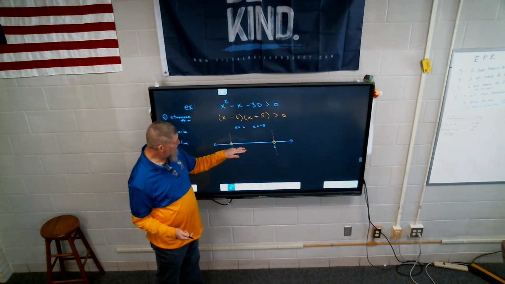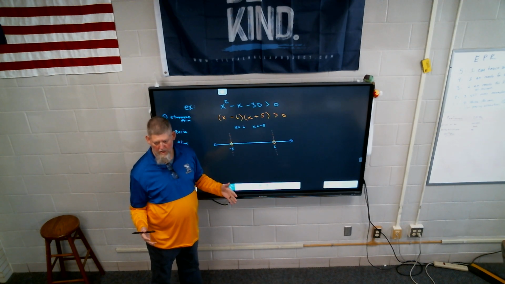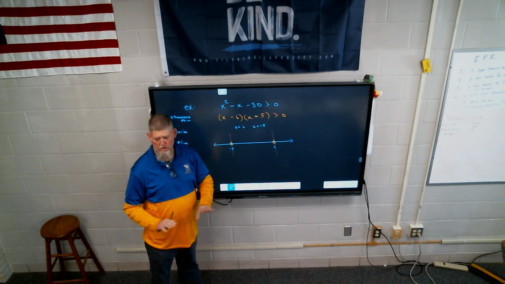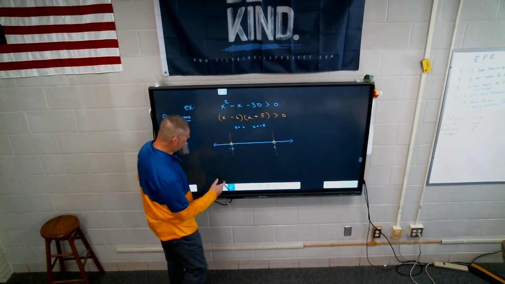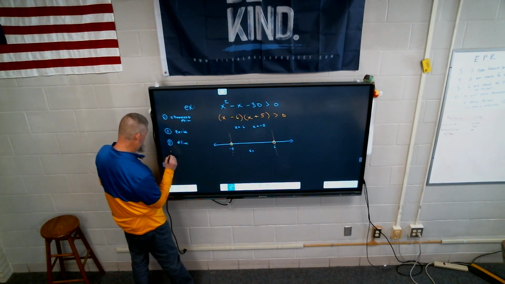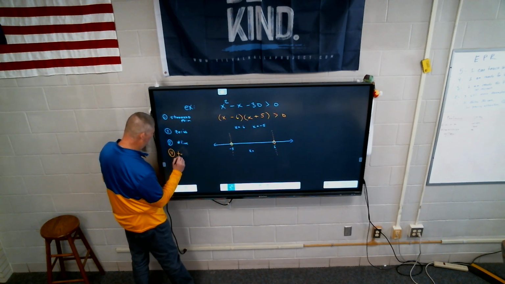So all I have to do is test 1 point. Pick any point in there, and it'll tell me whether all the signs are positive or all the signs are negative. So let's pick a point between -5 and 6. This is number 4. Pick a test point.